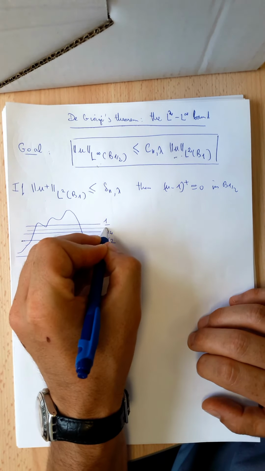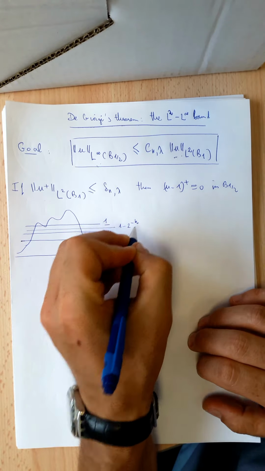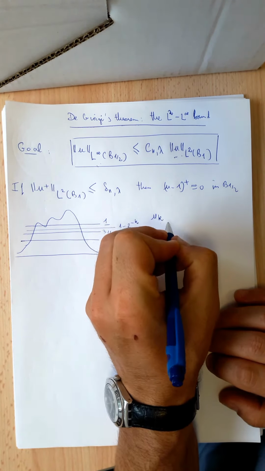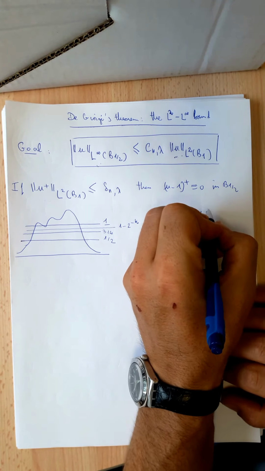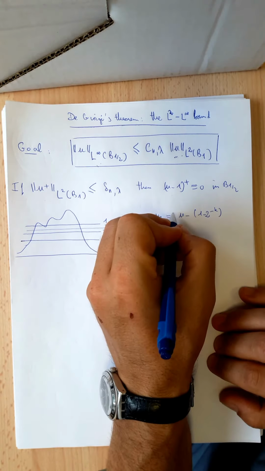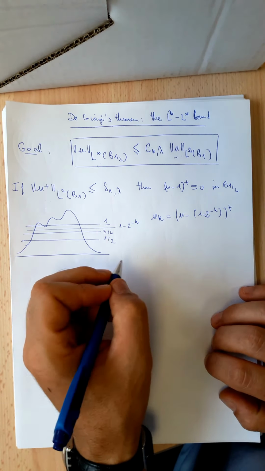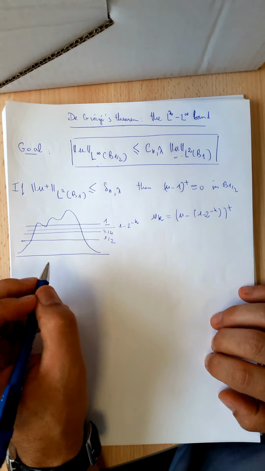And the same thing more generally, we're going to look at the level set 1 minus 2 to the minus k. So the interesting quantity that we want to look at is u_k, which is u minus (1 minus 2 to the minus k), and we take the positive part of this. And also, this is a novelty compared to the previous proof. We have to locate things in space.